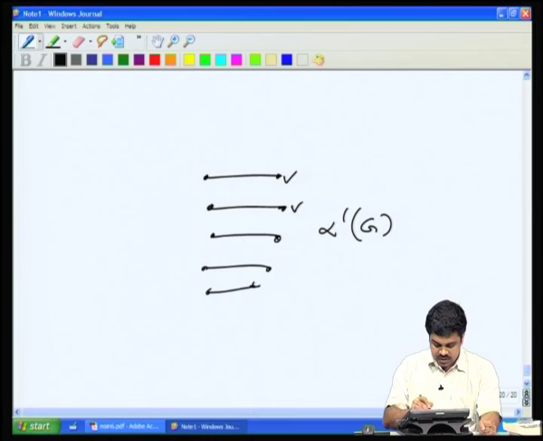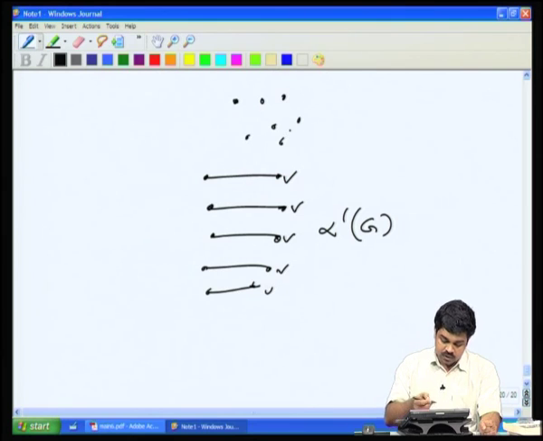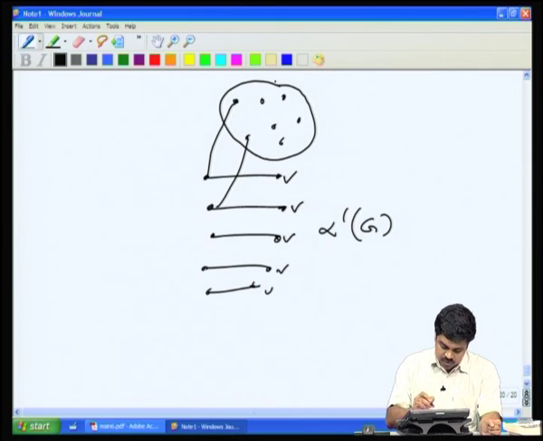By selecting these edges, you have covered this many vertices. There are some vertices which are not yet covered. Because there are no isolated vertices, they should have some edges connecting to this. Why? Because this is an independent set now, there cannot be any edge among them, because this is already the biggest matching possible. If there was some edge, we could have got a little more. So some edges will come from here to here.